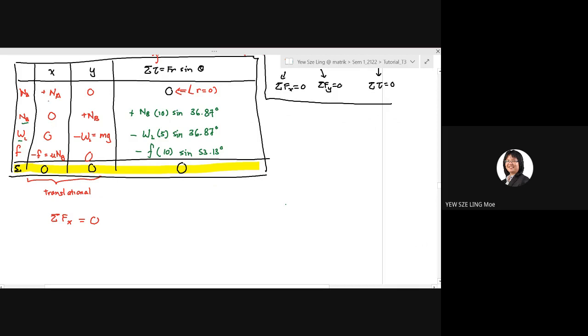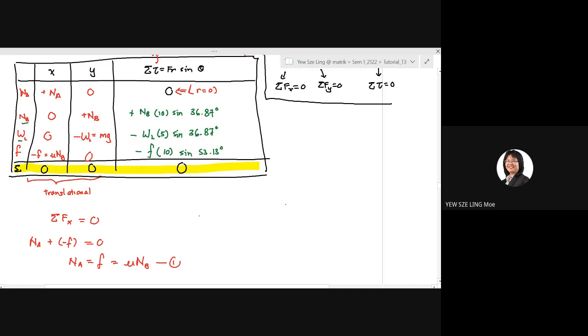So I'm going to add up everything along this column. Na plus negative friction equals 0. Na is equal to friction, and we don't have the value, therefore I can say it is also equal to mu Nb. So this is my first equation.